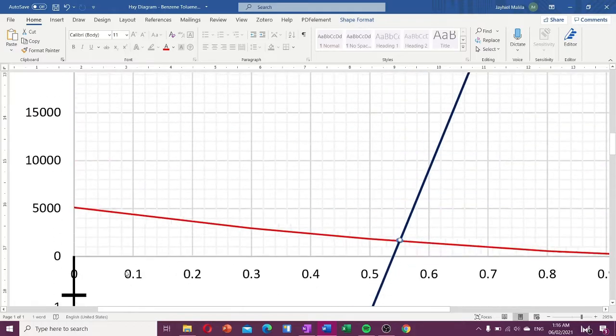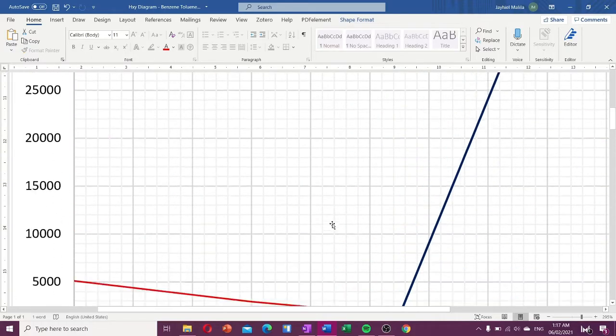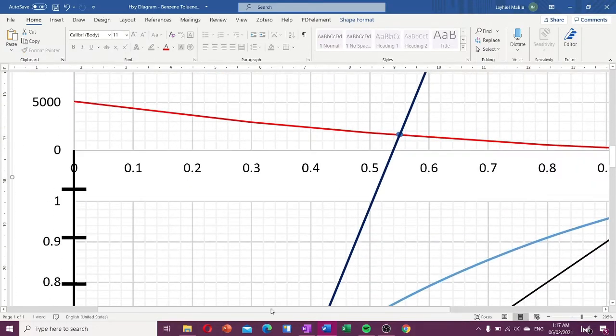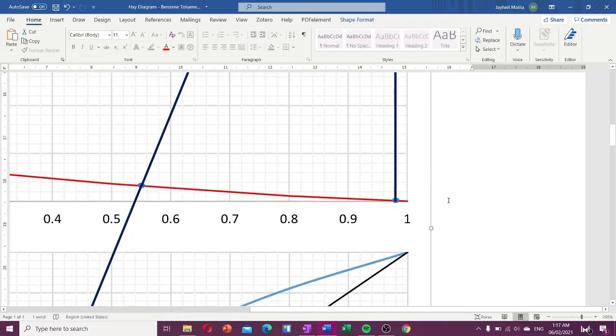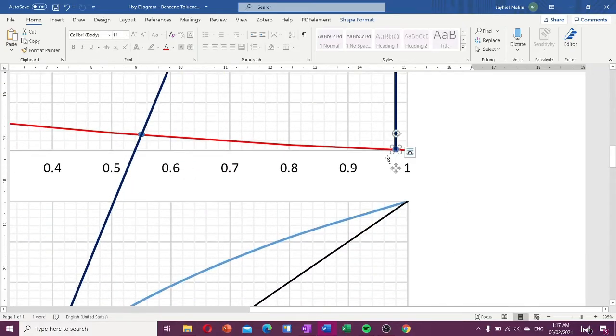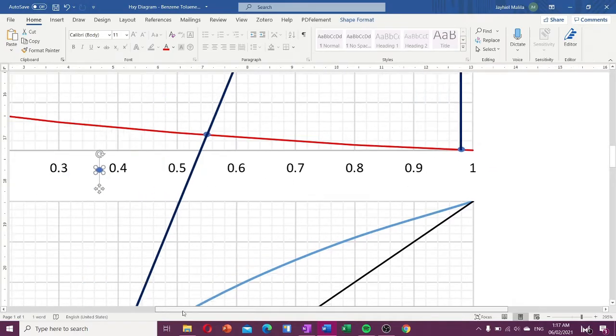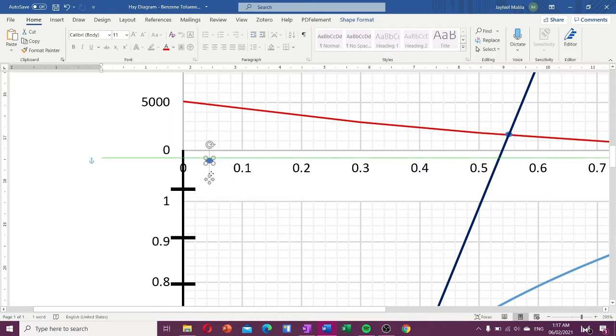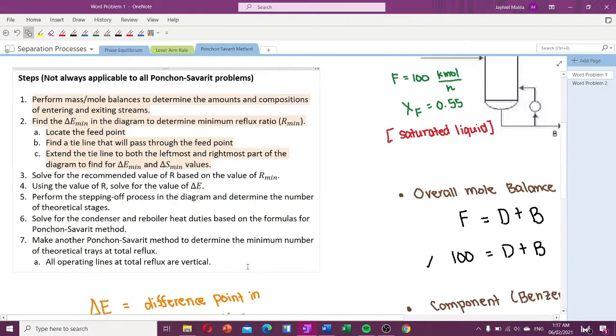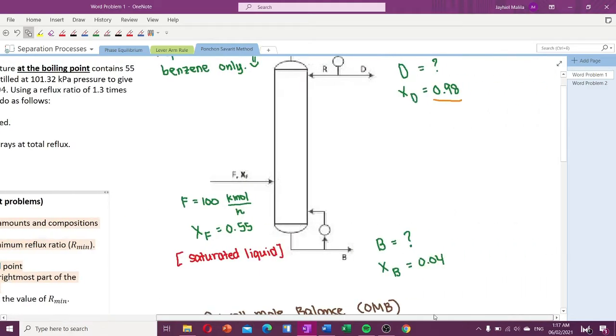But don't forget, aside from that one, we need to locate the value of your XB first, or the mole fraction of your bottoms. Let's locate the value of your bottoms. It's actually 0.04, right? Am I correct? 0.04.